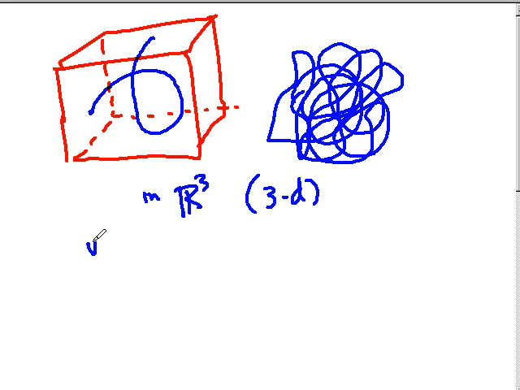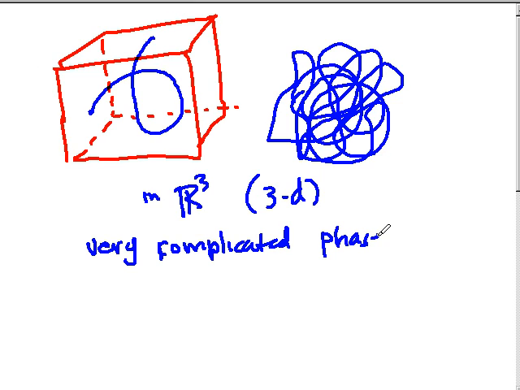You can have very complicated phase planes. In fact, the Lorenz attractor has such a phase plane that you can even say that it has chaos, which is the property that you oscillate around a little while, and then all of a sudden you randomly jump to another point, then go back and spin around and jump.